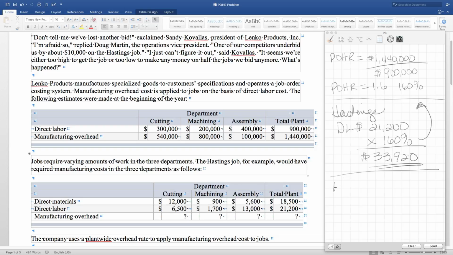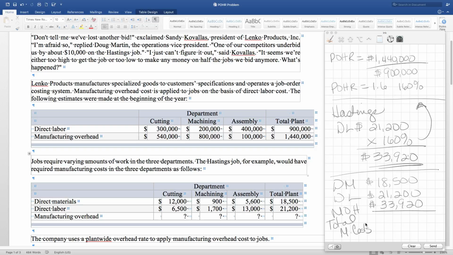All right, we would have direct materials of 18,500, direct labor 21,200, and manufacturing overhead applied 33,920, and our total manufacturing costs would have been, someone do the math for me.